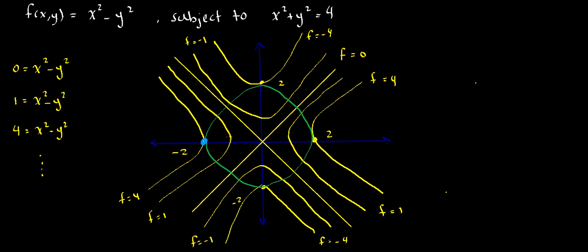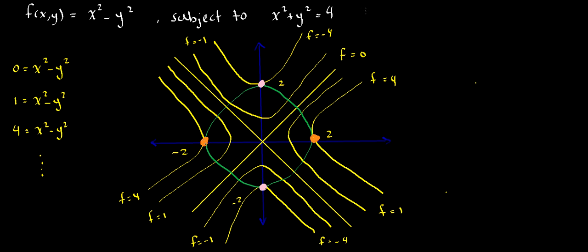You get 4 here because all the points lying on this curve have a value of 4, and since we're constrained to be moving along the circle, this is the point where we're going to get the highest value. You get the lowest value at these 2 points, so here the value is negative 4, right?